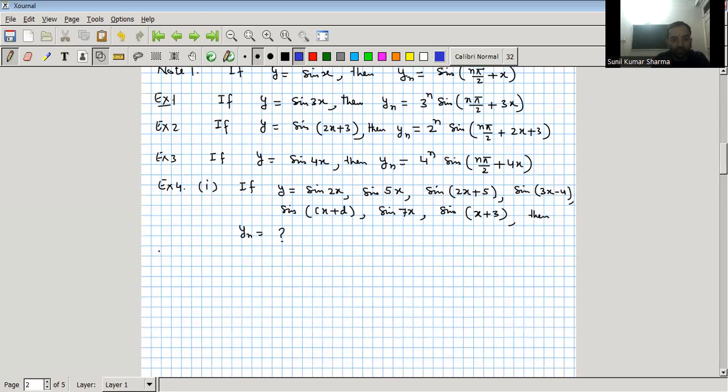So next question, you can say next article or theorem: if y is equal to cos ax plus b, where a and b are any real numbers, then prove that y_n is equal to a to the power n cos n pi by 2 plus ax plus b.